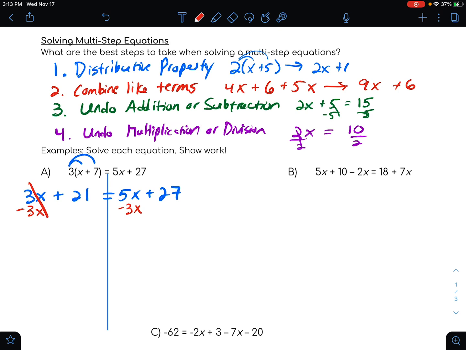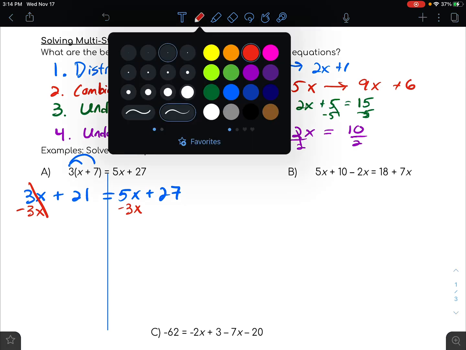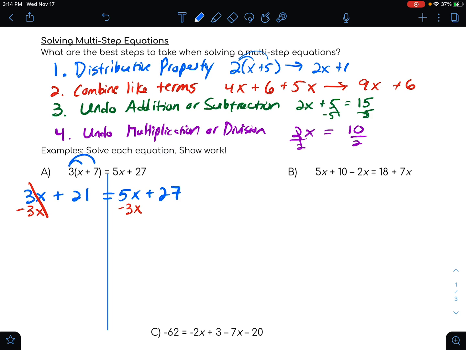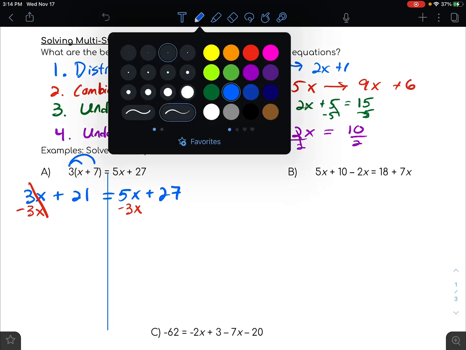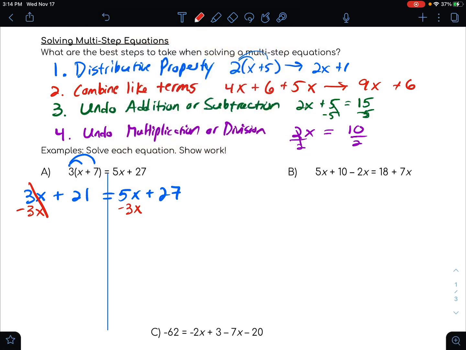So that cancels out the x's on the left side: 3x minus 3x is 0. And so we'll bring down what is left here. I'm just going to keep my red here just so my combining like terms is all in red. And then we've got 5x minus 3x is 2x plus 27.